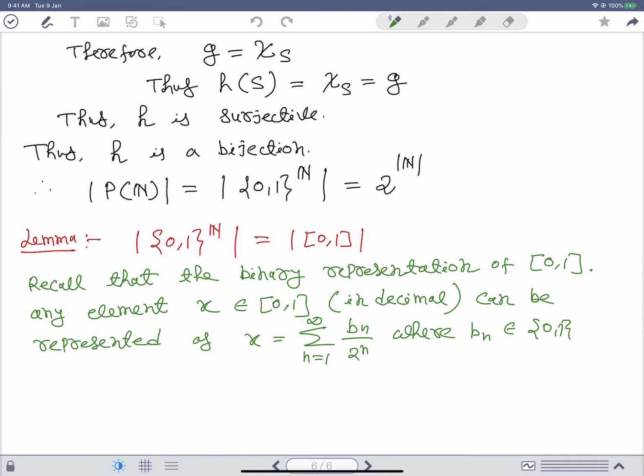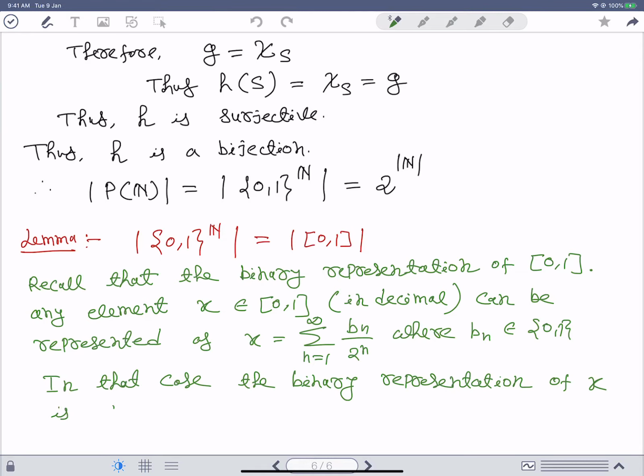And in this case, the binary representation of x is 0.b1 b2 b3 b4 in this way.